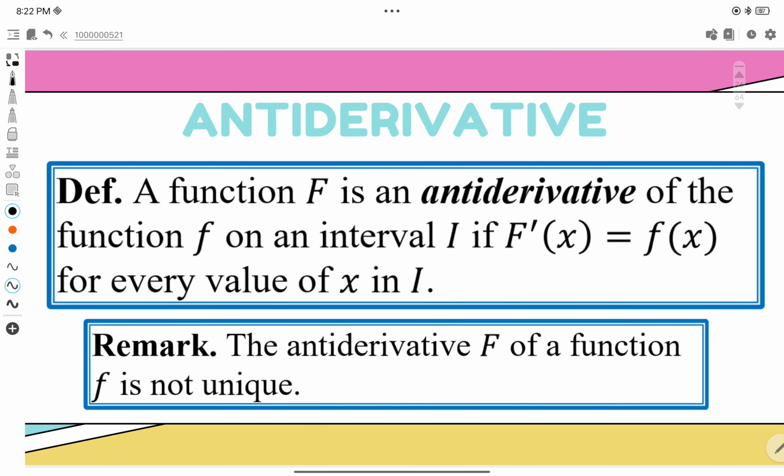An antiderivative of a function f is big F if this condition is satisfied: big F prime is equal to small f of x. Then we can say that F is an antiderivative of f.